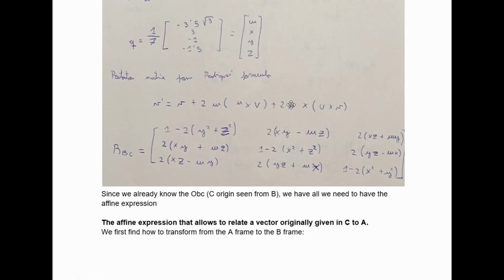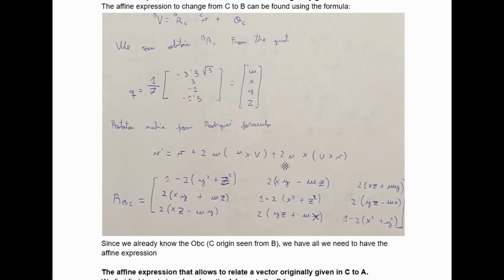We use Rodriguez formula to do that, and this gives us this rotation matrix. Since we already have the origin of point C seen from B, we already have every single unknown value we need to create this affine expression.